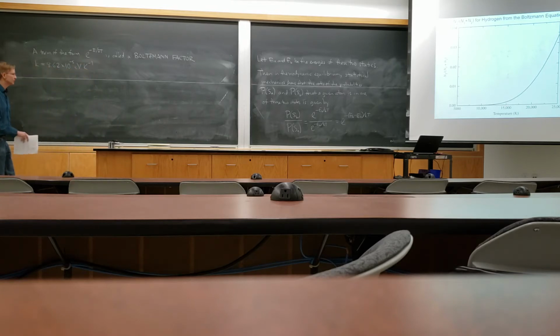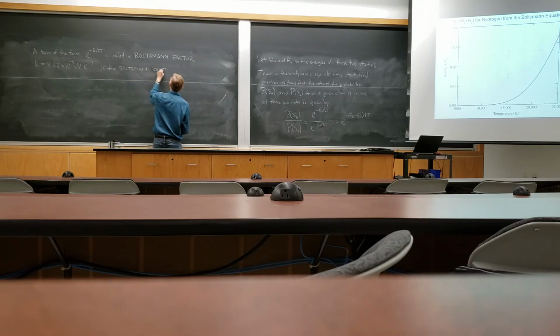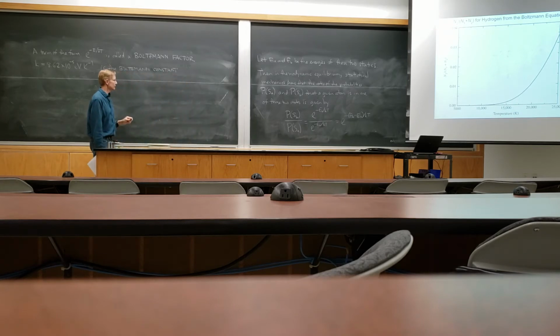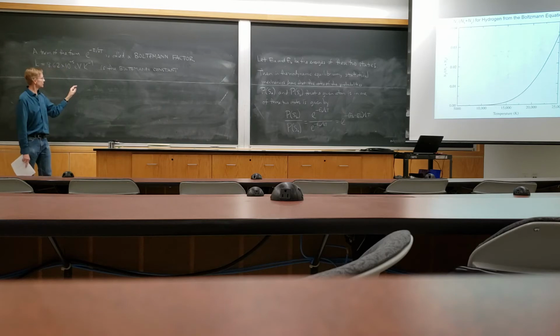It's useful to put it in eV because we're often dealing with eV as energies on an atomic scale. That is the Boltzmann constant. So notice when you multiply by the temperature in Kelvin, the Kelvins cancel out and you're left with an energy in eV.